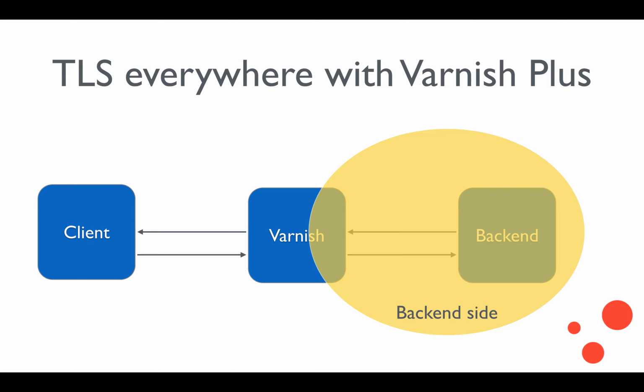Either because it has a cache miss and it needs to fetch something that's currently not in its cache, or because it's some sort of dynamic resource that's uncacheable, and Varnish will just pass it through, like a POST request, for instance, to the backend.